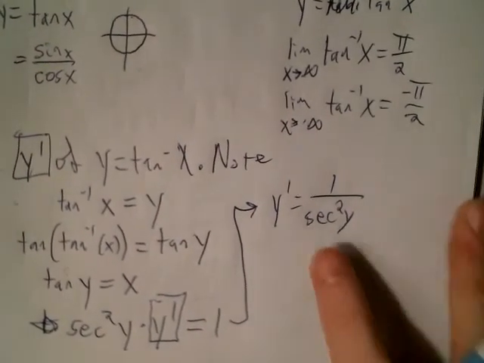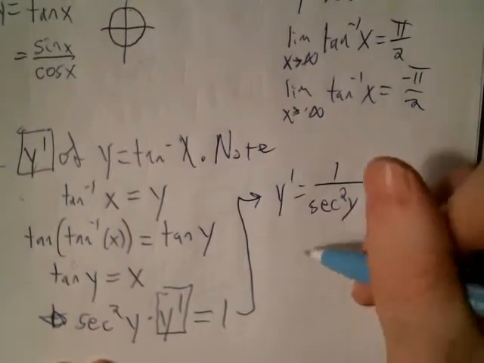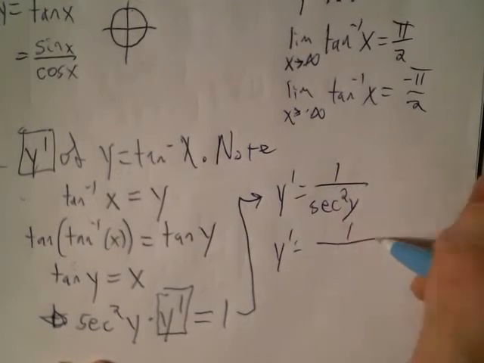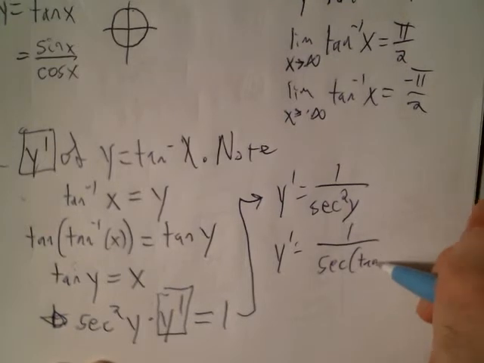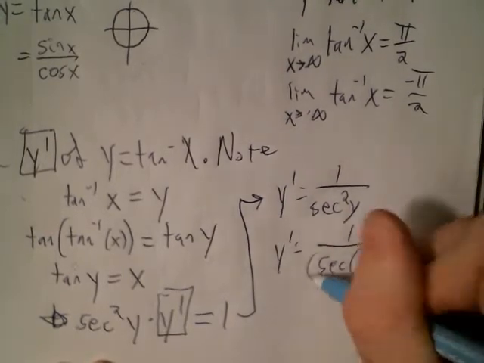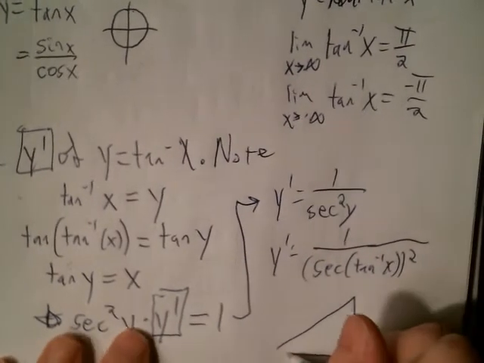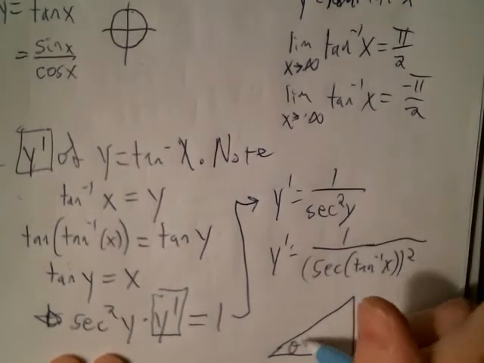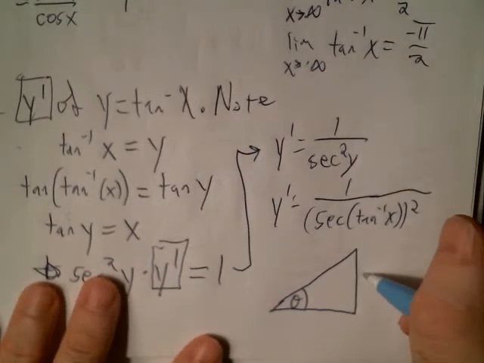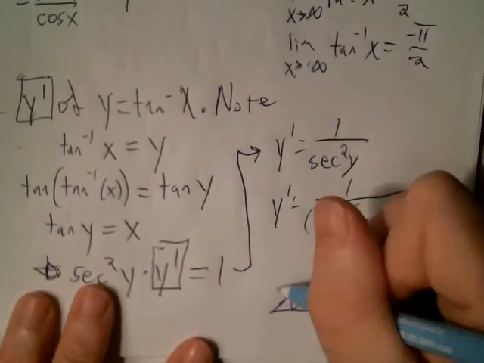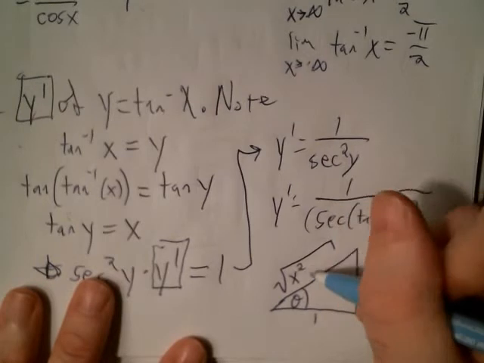You could use Pythagorean identities to solve for this. So probably the book uses triangles. What is this thing? Well, y prime is 1 all over secant of y, and y is tan inverse of x, and then this thing is squared. So let's turn that into a triangle here. So tan inverse is this angle here, and remember tan is opposite over adjacent, so it's x over 1, and then we get the square root of, using the Pythagorean theorem, x squared plus 1.